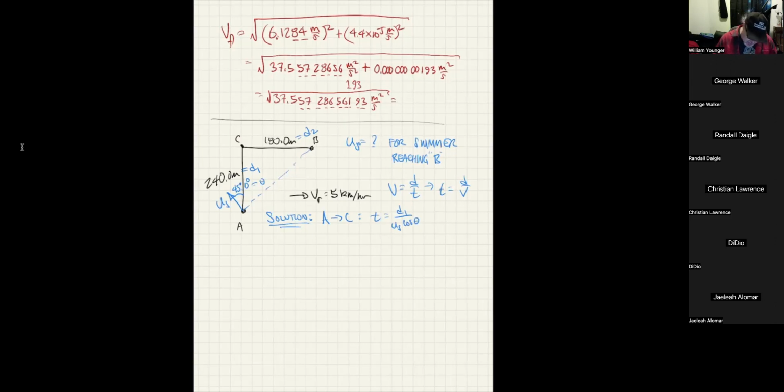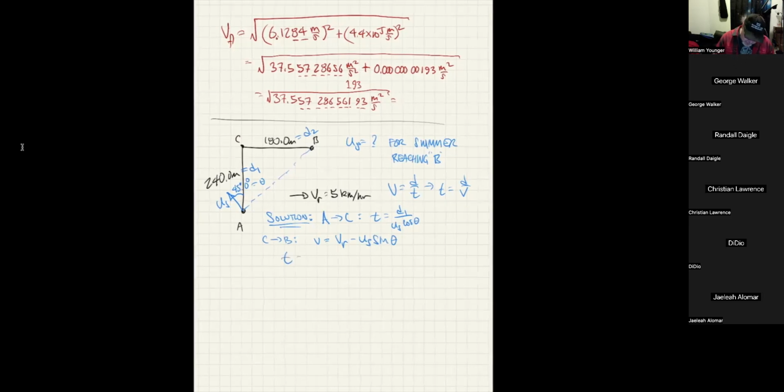Now, in going from C to B, what you've got to realize is that the velocity is in fact V river minus U sub S times sine theta. So that's how fast it's going.